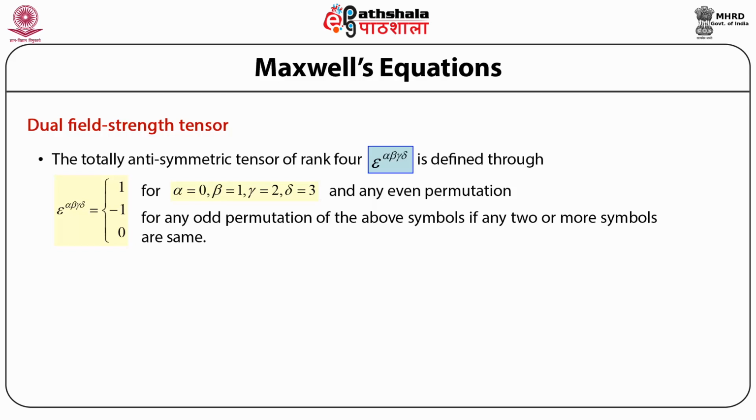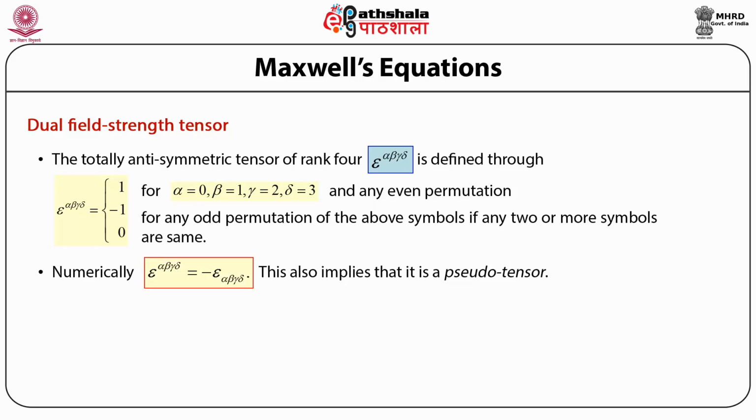Epsilon superscript alpha beta gamma delta is equal to -1 for any odd permutation of the above symbols, and epsilon superscript alpha beta gamma delta is equal to 0 for any 2 or more symbols having the same value. So numerically we can write epsilon superscript alpha beta gamma delta is equal to minus epsilon subscript alpha beta gamma delta, and from this definition it also implies that it is a pseudo tensor.